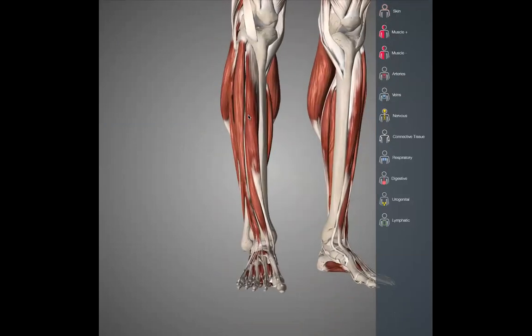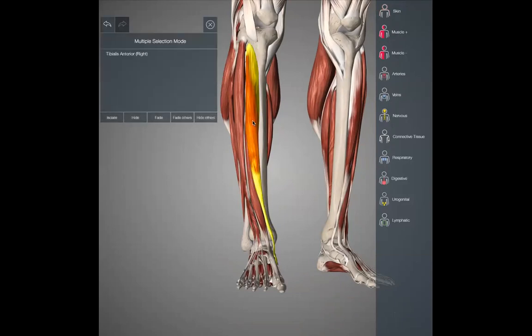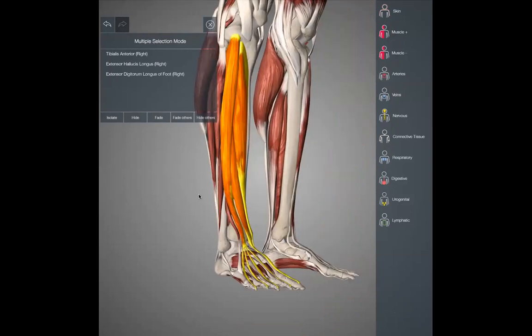So let's just dive first into the anterior. First, it has tibialis anterior, the extensor hallucis longus, extensor digitorum longus of the foot. And then we have maybe this one, fibularis tertius. And of course, I want to select the foot in total.